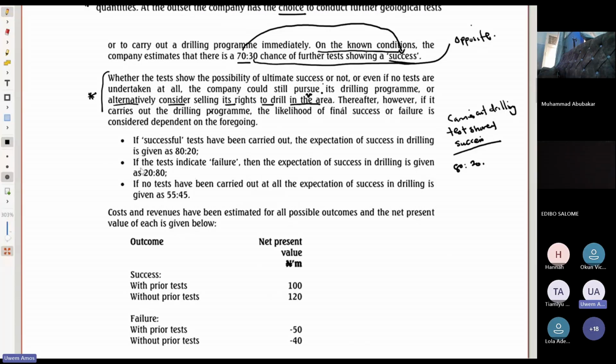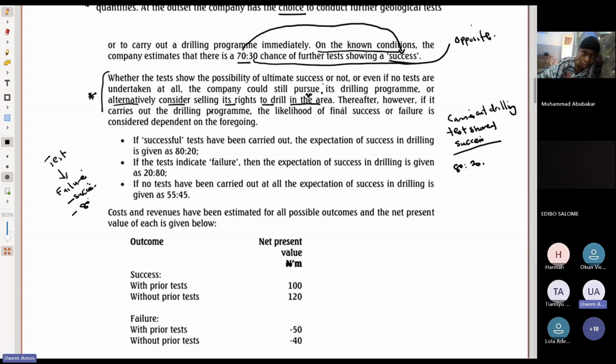Now, if the test indicates failure, so we're looking at that we conducted a test, and the test indicates what? Failure. Then the probability of success is 20 and the probability of failure is 80. So what line would that be?